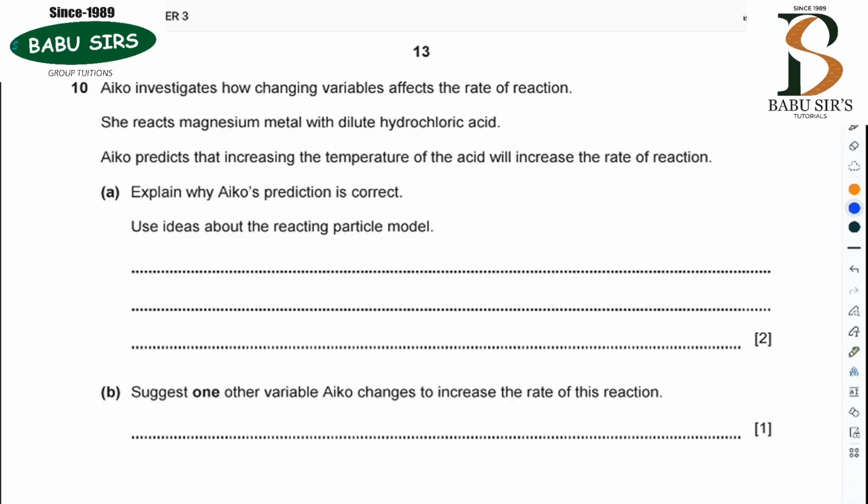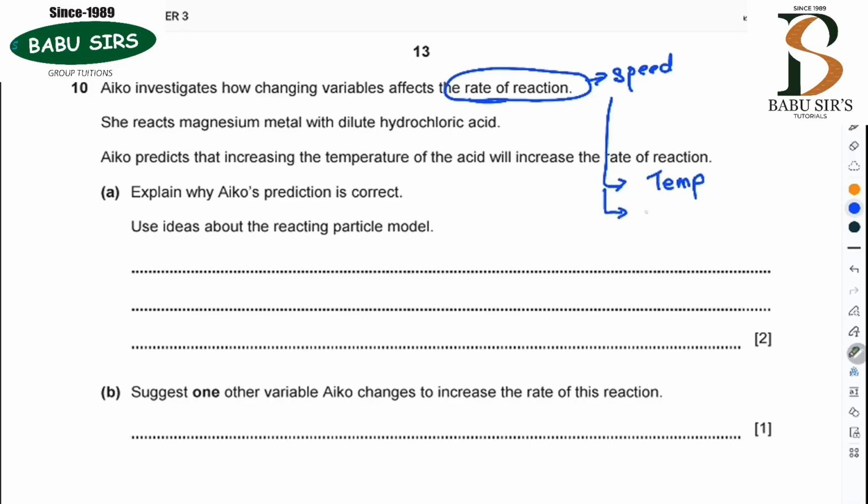Question number 10. ICO investigates how changing the variable affects the rate of reaction. Now, what is the meaning of rate of reaction? That is the speed of reaction. Now, the speed of reaction depends upon three things. One is temperature.